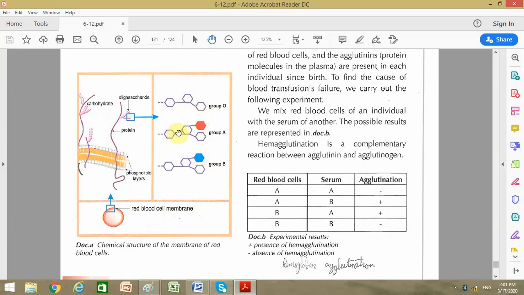And we said that galactose plus substance H gives us blood type A, and acetyl-galactosamine plus substance H gives us blood type B. The absence of any of these sugars gives us blood type O, and the presence of both gives us blood type AB.